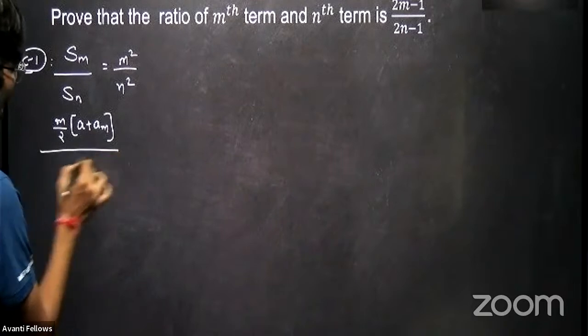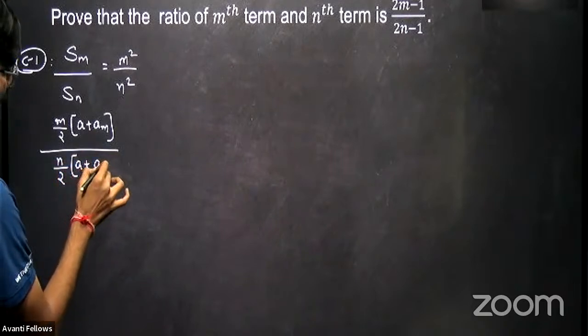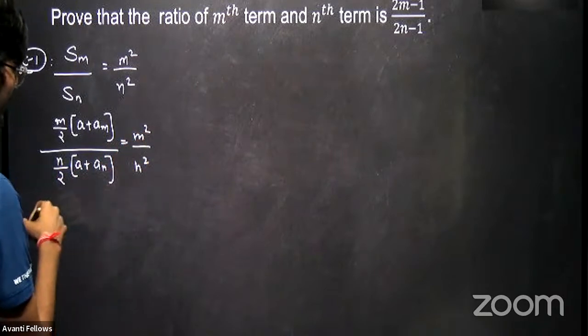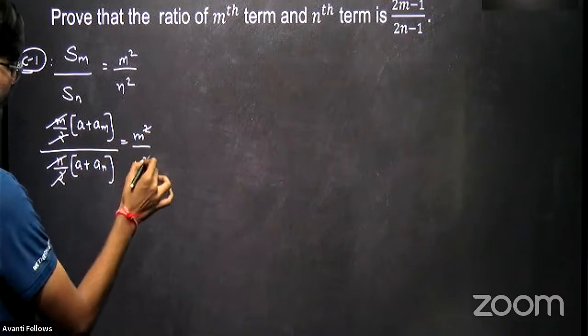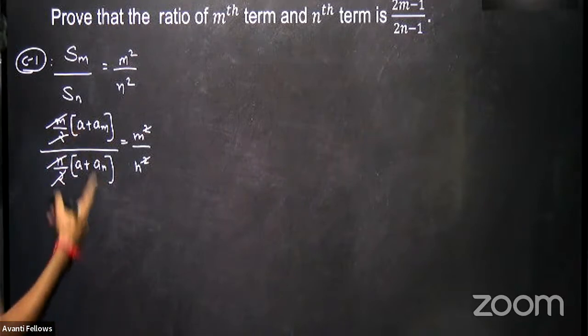The AP is same. That means the first term will remain same. First term plus last term is equals to m square upon n square. So here you can see 2 gets cancelled. One of the m will get cancelled. One of the n will get cancelled. So let's now substitute the formula of am.